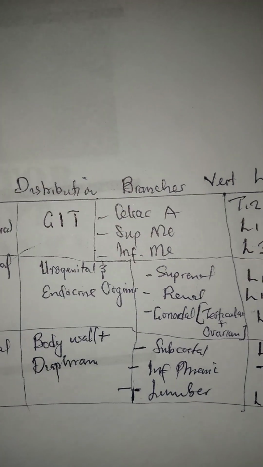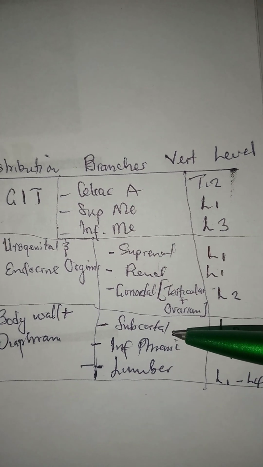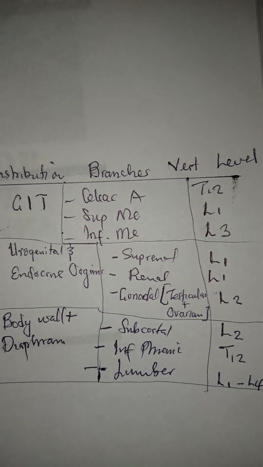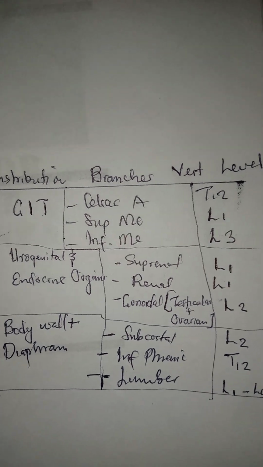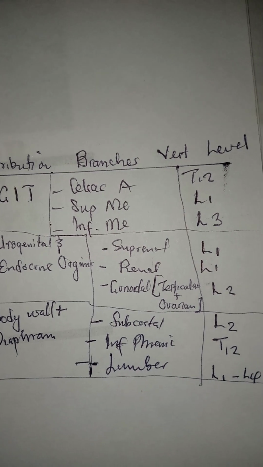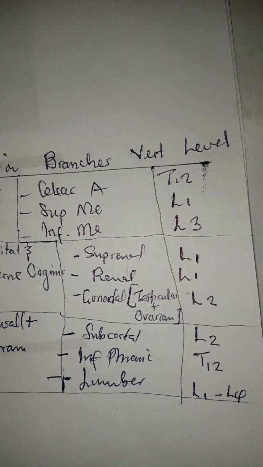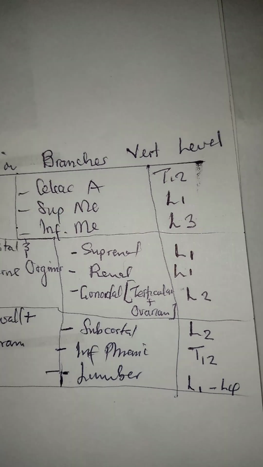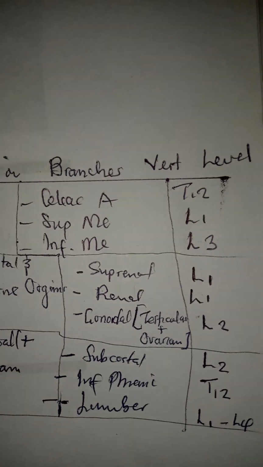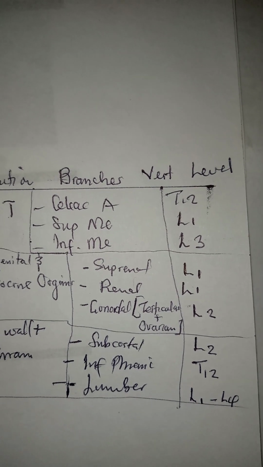So it also has 3 branches. We have the subcostal artery, the one which supplies the space between the 11th and the 12th ribs. Okay, then we have the inferior phrenic artery. Apart from that, we also have the lumbar artery.